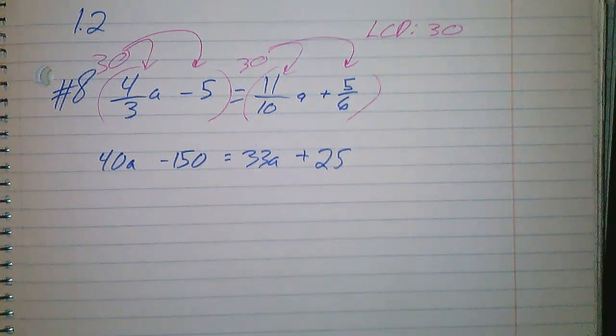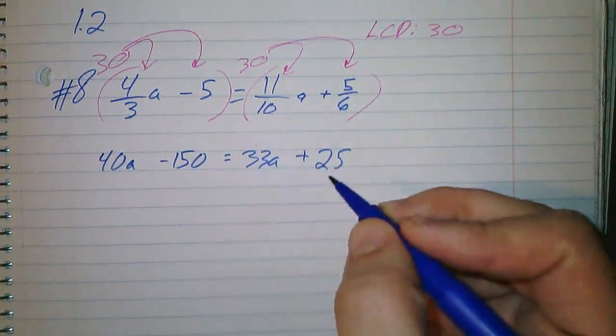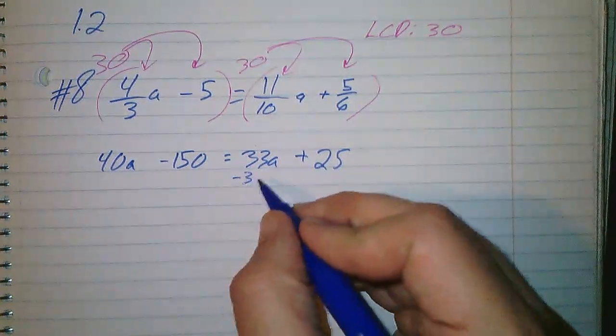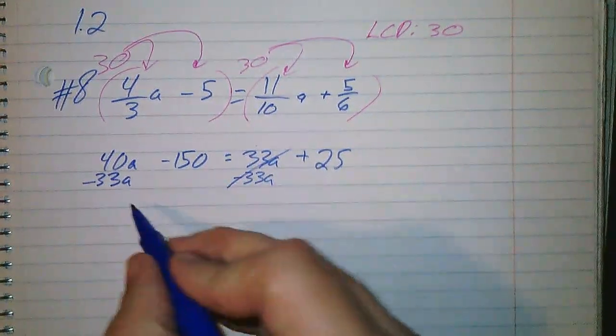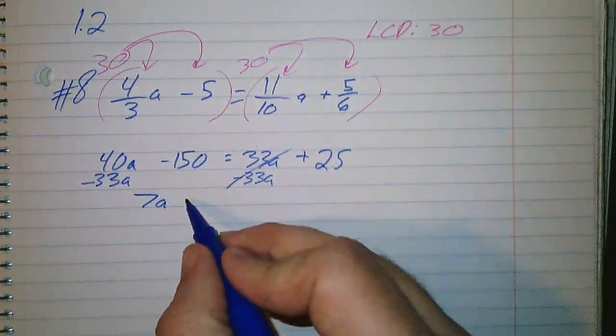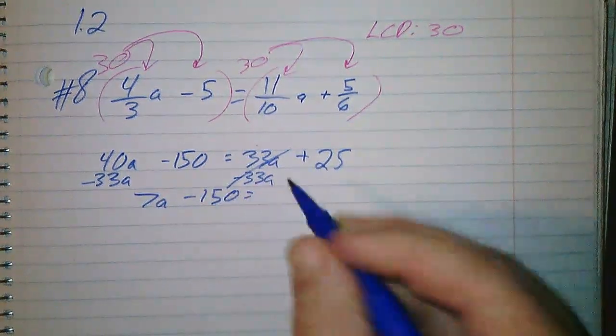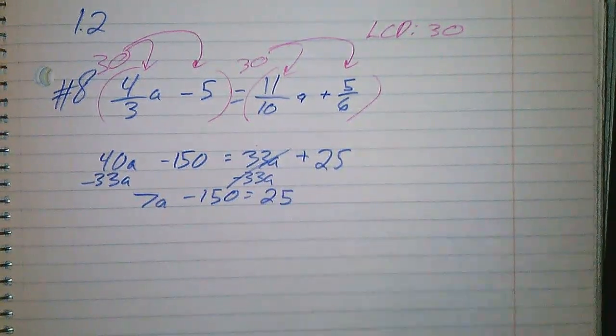Now we're just solving a basic equation. Subtract 33A from both sides. Get 7A minus 150 equals 25.